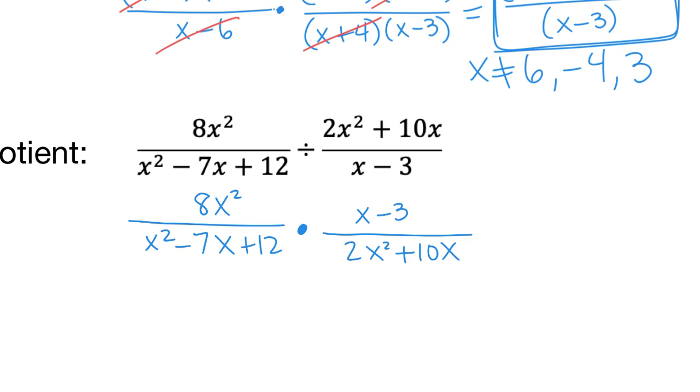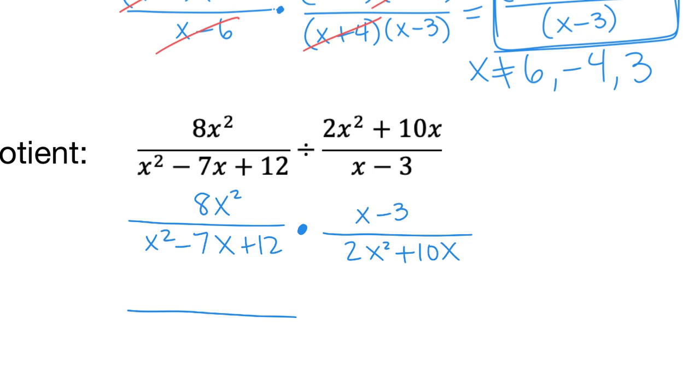if I were to write out the top one, there's nothing really to factor, but to see if you can cancel anything, an 8, I would write out. What is 8 really?